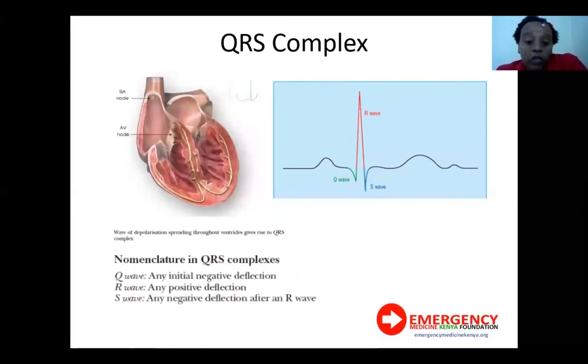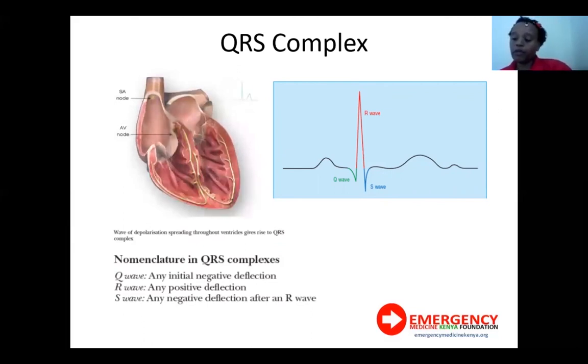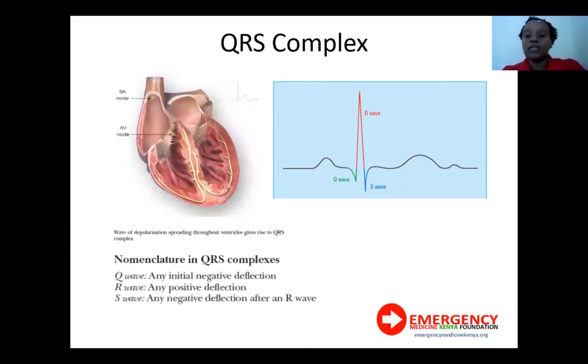Then we look at our QRS, how it should be. Usually it's upright. In a normal sinus rhythm, the QRS complex should be upright, as you can see. And the complex in between, where the V is, should not be more than two.